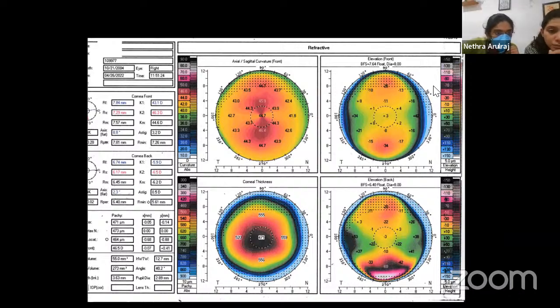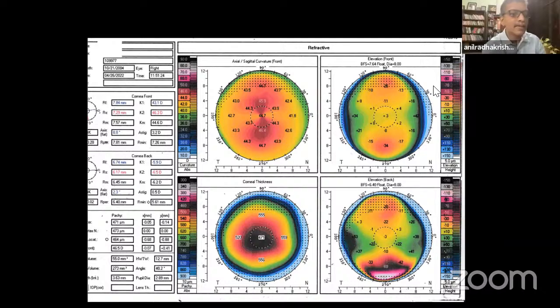The cornea back also, K1 is coming to be minus 5.9, and K2 6.5 diopters, which is the steep axis, and the astigmatism is 0.5, which is normal. Moving to the pachy, the pachy center is coming to be 471 microns.